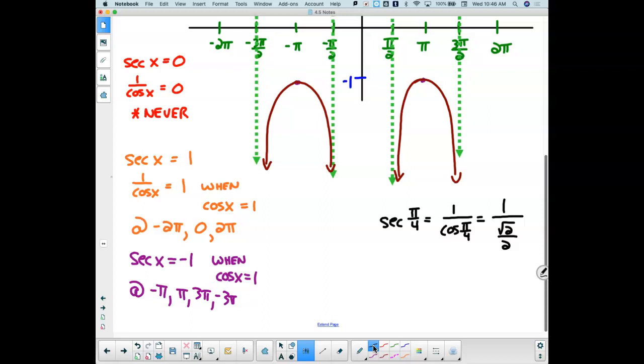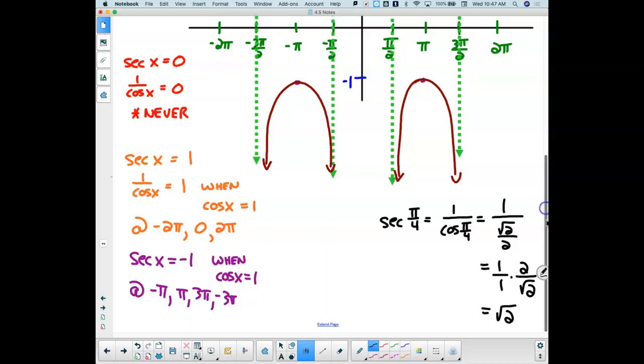So doing that fraction, that's going to be 1 over 1 times 2 over the square root of 2, which is going to just be the square root of 2. What approximately is the square root of 2? More than 1, right?